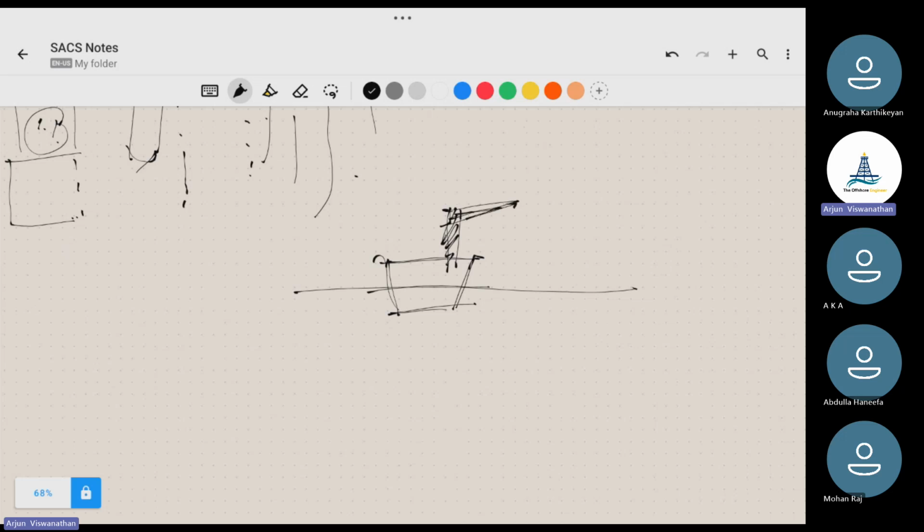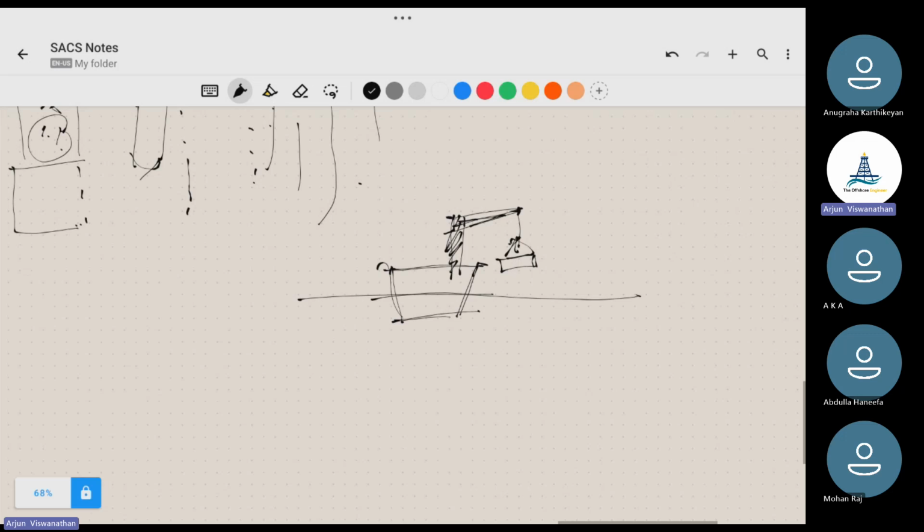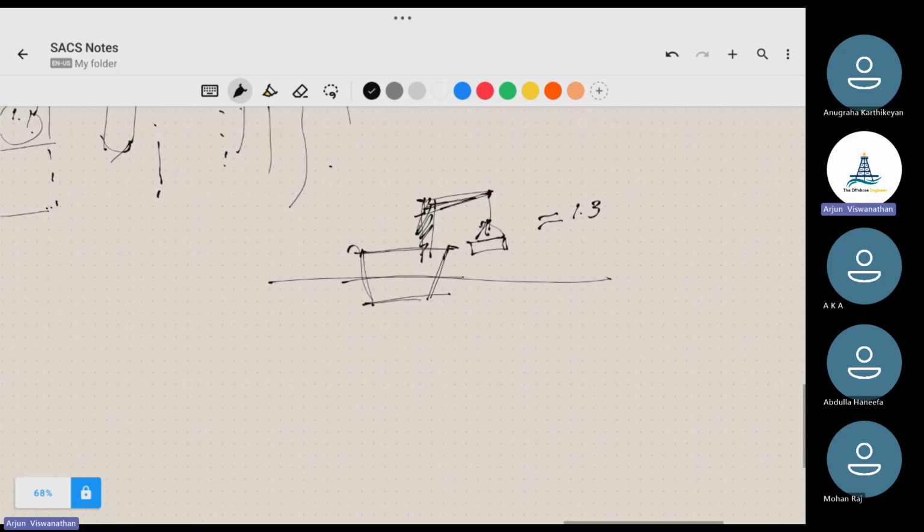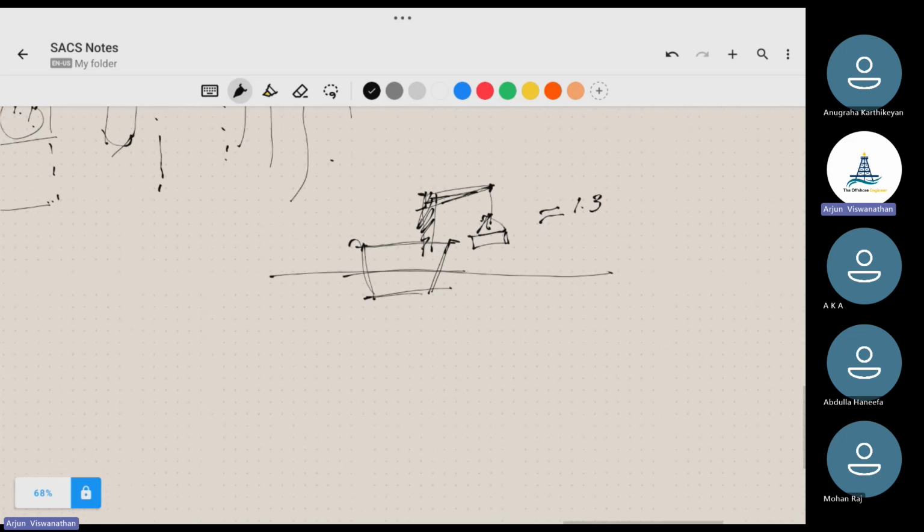I am lifting something, and it is in the air. Only wind and vessel motions will be there. At this point, the DAF value will be approximately 1.3. But if it is a very rough sea like the North Sea, I think they used to take 1.5. Generally we can go for 1.3 or 1.5.